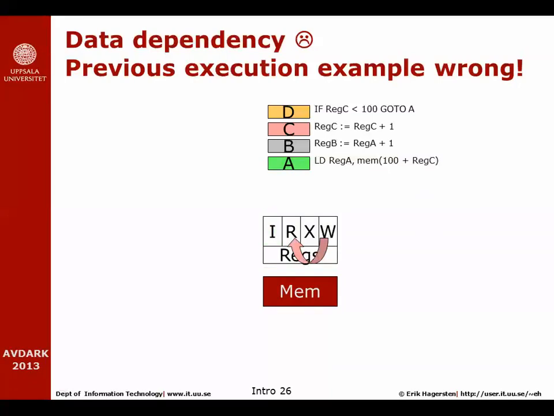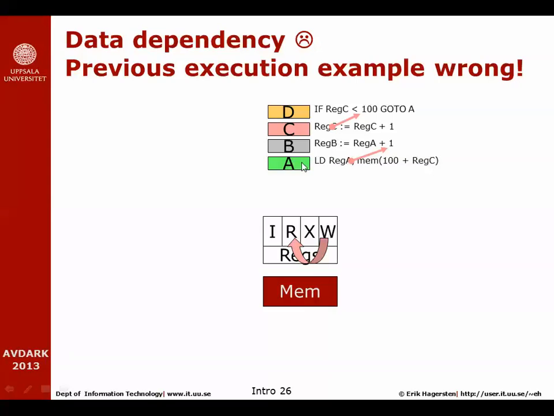There are a couple of problems here in this execution. One problem was that actually the execution was wrong. The purpose of this program was not fulfilled because we made some errors in our execution, and that is because an instruction writes to a register in the write stage, and it reads in the read stage.